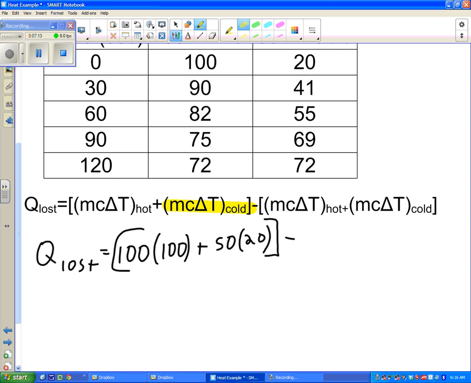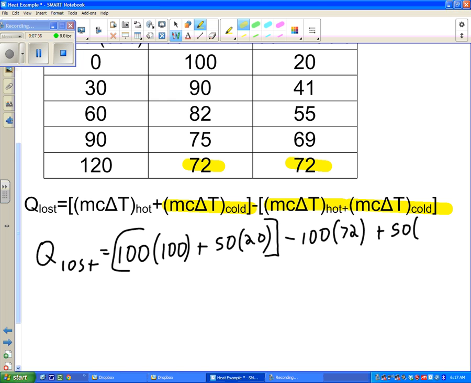All of this minus the end. So at the end, we now have this term. The mass is 100. C is 1, so I'm not going to write it. T, that's my ending temperature. That's this number, 72 degrees. Plus this guy. So the mass of cold water is 50. C is just 1, so I'm going to leave it off.